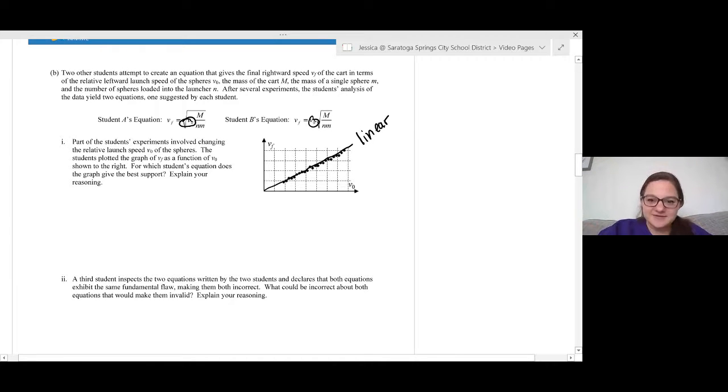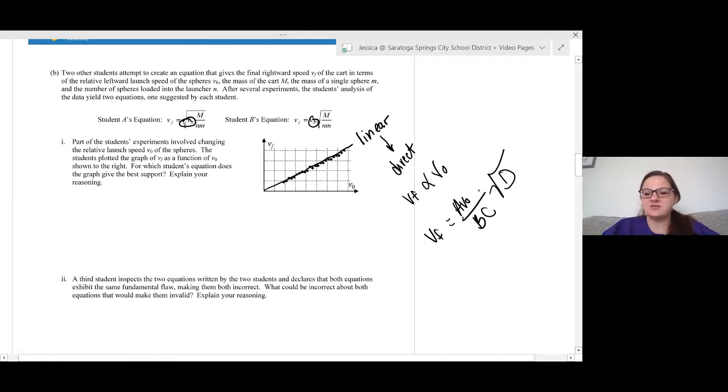So linear graphs correspond to direct relationships. A direct relationship should look like V final is A V0 over B, or C, or square root of D, whatever, as long as V0 is in the numerator. So the only equation between student A and student B that matches this linear graph is student B.